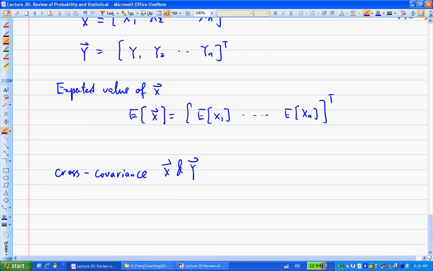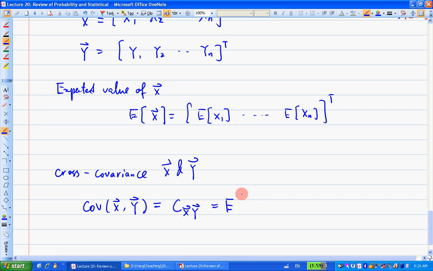So what does that equal to? That's the covariance of x and y. So we use C_xy to indicate this symbol right here.